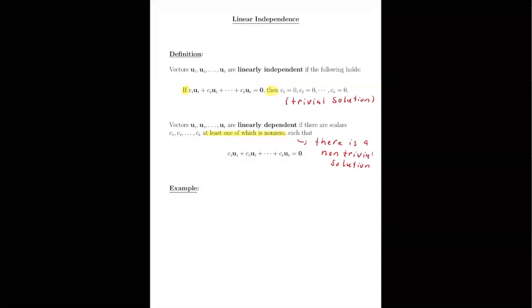So for example, if we have vectors u, v, w, and z, for which 3u minus 2v plus root 2w plus 0z is equal to the 0 vector, then we can conclude that u, v, w, and z are linearly dependent.